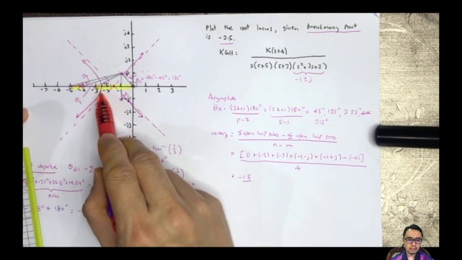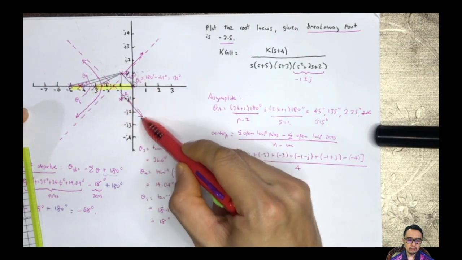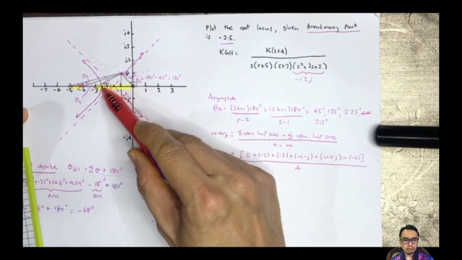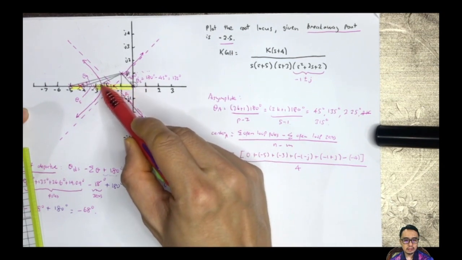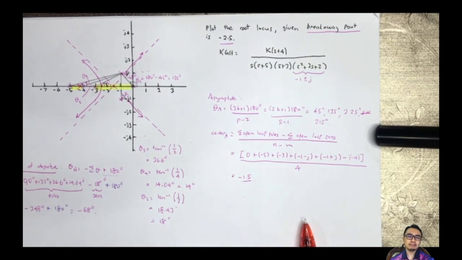So that's 1, 2 and 3, that's 4 and 5. Remember, we have 5 poles, so we have 5 loci. You can just trace it. Okay, that's how it looks, right?